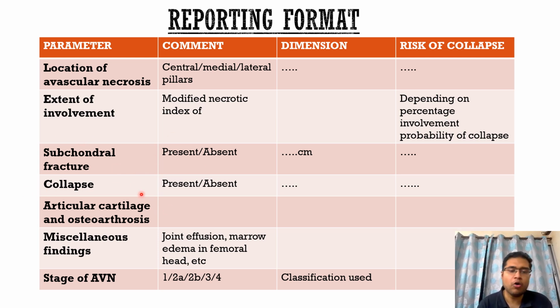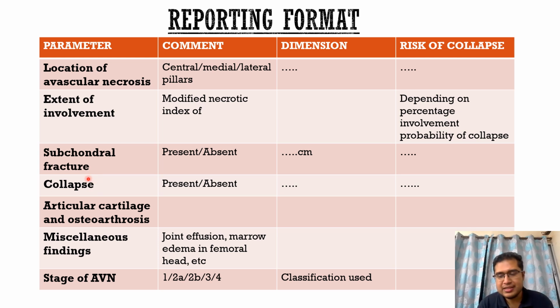So any staging of AVN, there are many staging of AVN. The most important thing, rather than remembering all the stages, is to remember the pre-collapse and the post-collapse stages. So pre-collapse, the management up to subchondral fracture can be done with core decompression. And subchondral fracture has to be reported. Why? Because it needs bed rest and limited movement of the particular limb, because it is very high risk of progressing into collapse.